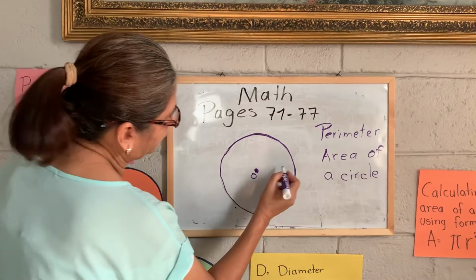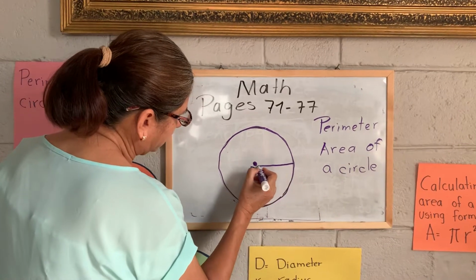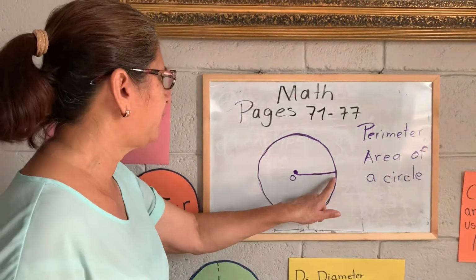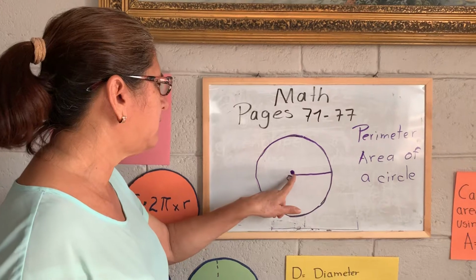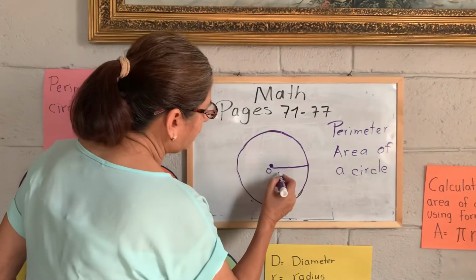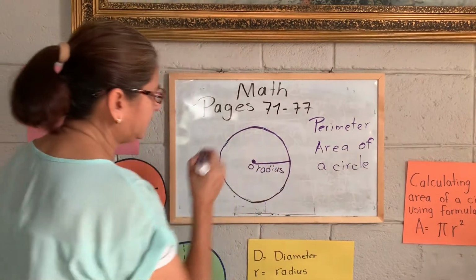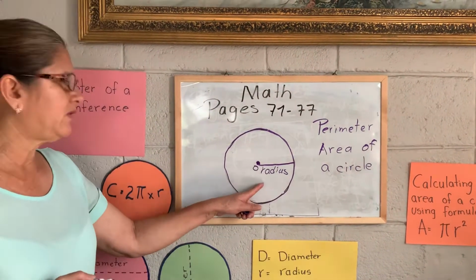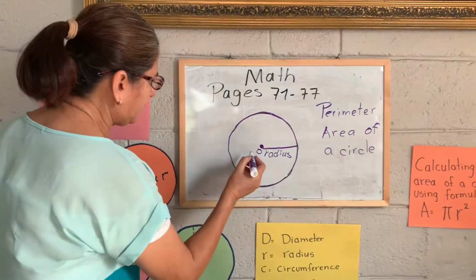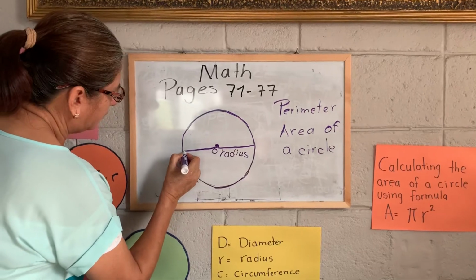And the radius is a line that starts there until the point O. This is the radius.